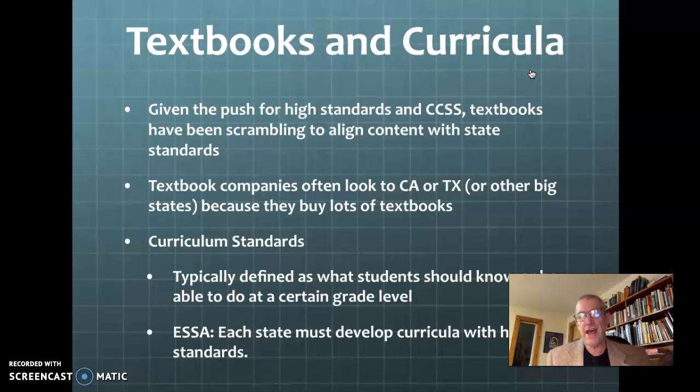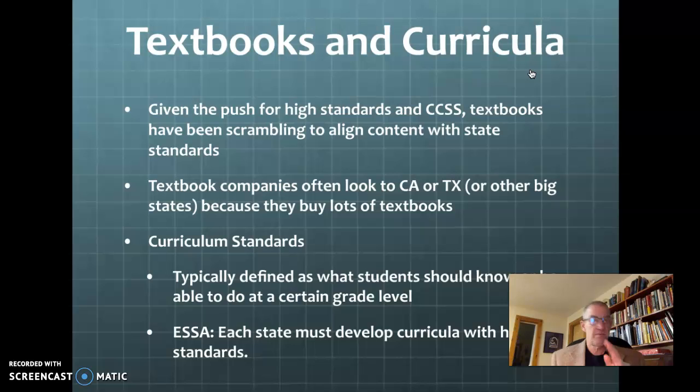Now, having said that, the larger textbook companies are looking to the kinds of standards that California and Texas and New York have adopted. You know why? Because they have such large populations, they're going to buy lots of textbooks. So it turns out that the textbooks that you buy are really driven by what these more populous states are teaching.